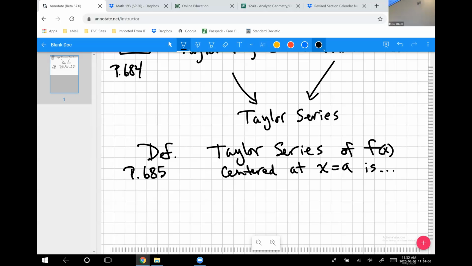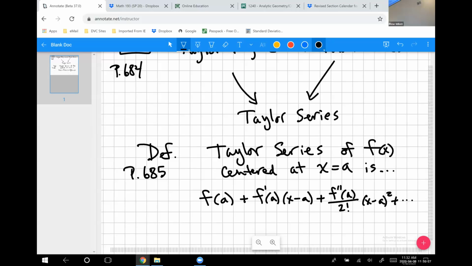And so you started by the constant value being the value of the function at a. Then you took the derivative of the function at a and multiplied that by x minus a. Then you took the second derivative of the function at a and divided by 2 factorial and did x minus a squared.